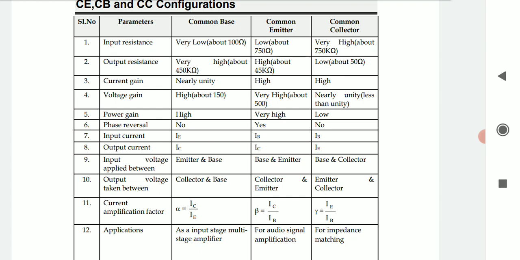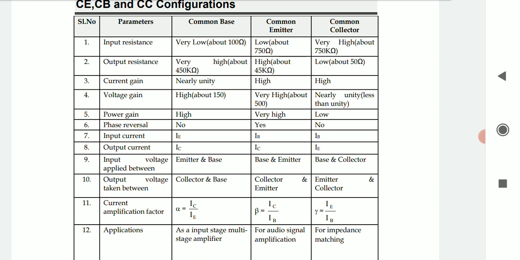Multi-stage means if more than two stages are connected one by one, the first stage must be common base. Whereas common emitter is used in audio signal amplification, means in order to increase the audio signals in the amplifiers, the configuration may be common emitter.